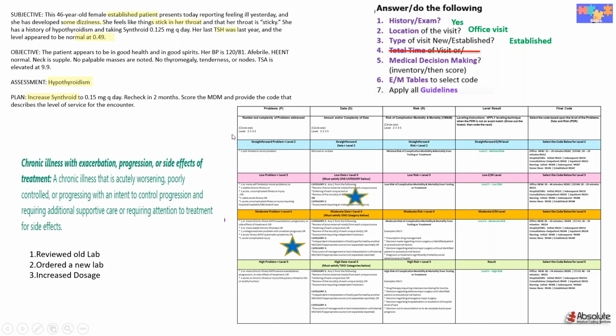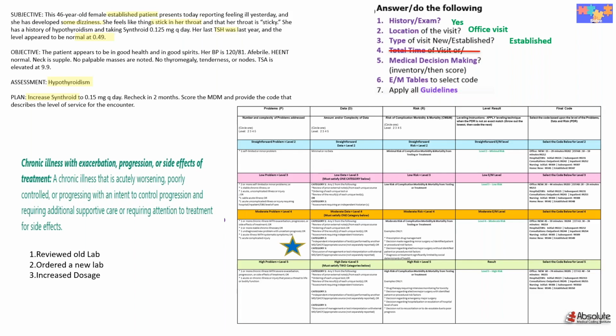The patient had this thyroid problem, hypothyroidism, for around the last 1 year. So that's a chronic problem, and there was an exacerbation. The patient was having increased symptoms such as dizziness, and the TSH value was also elevated at this visit. So definitely this is an exacerbation of hypothyroidism.